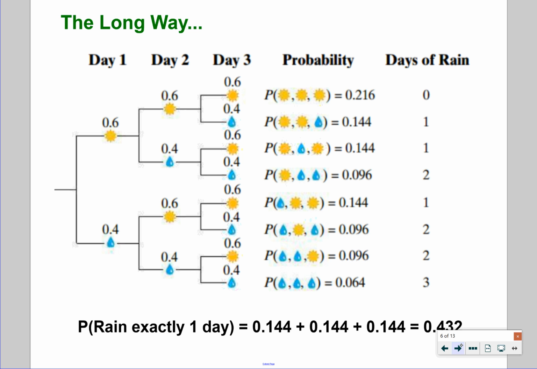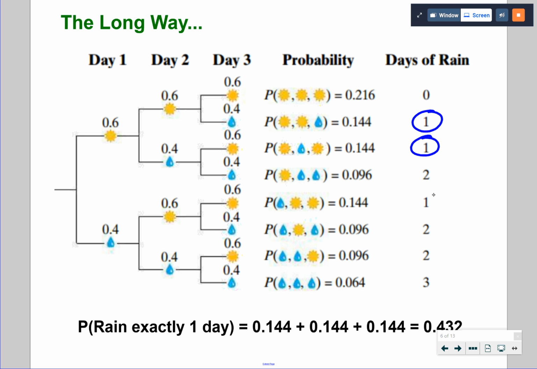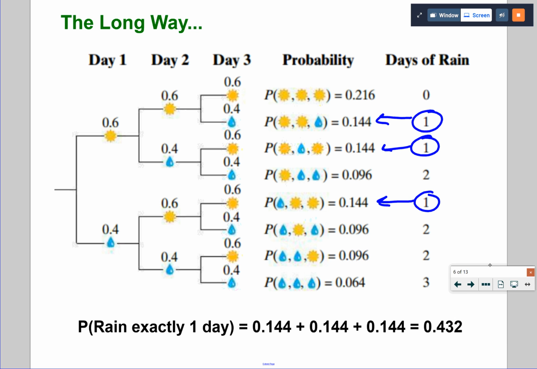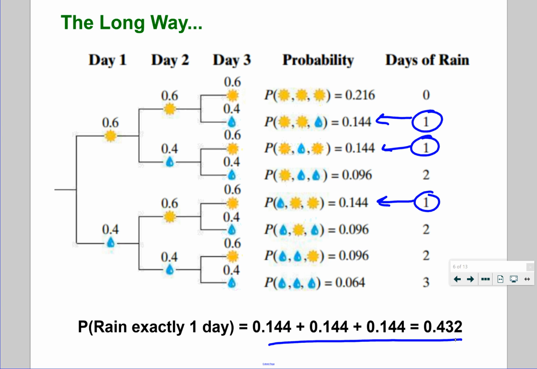And then we find the probability of each of those by multiplying the probability of all 3 pieces together. Then we would have to find all of the different branches of our tree diagram that have exactly 1 day of rain, and then we add up all their probabilities, and that gives us that 0.432 at the bottom. Okay, same answer, nice visual, takes forever.